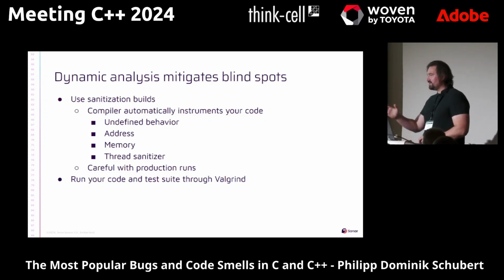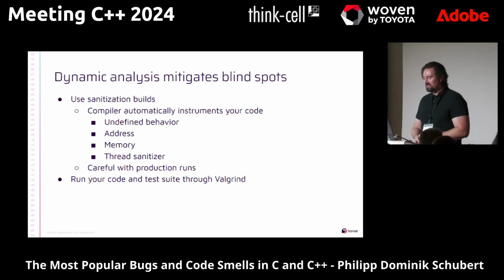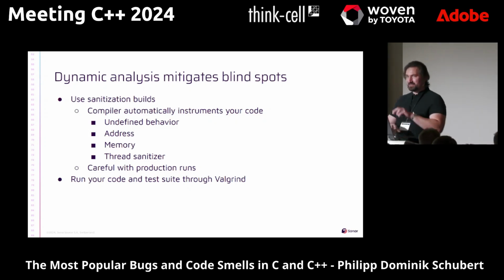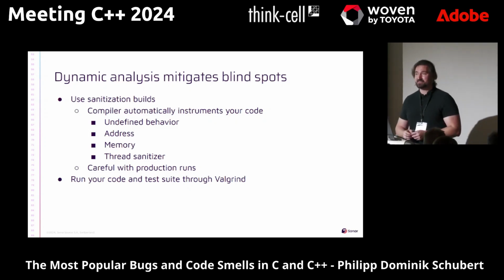Some people say, hey, we should run that in production, right? I say be careful with running sanitizer builds in production, because those heavily instrument your code and you can potentially open up your program to malicious attacks. It can make them easier to exploit. So before you say, hey, it's a good idea, let's run that in production and see what we get, think about it twice.